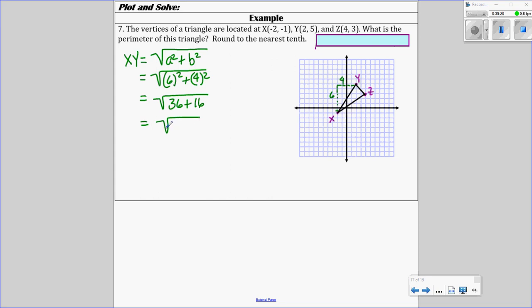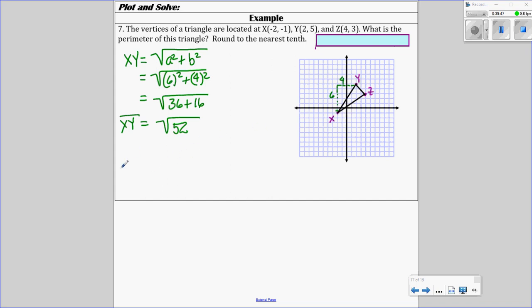Remember, bring down the radical sign. So this is 52. And I'm just going to leave it as 52, unless I can break this down, which I'm going to find out. See if I can make my life any easier. I look at it, I don't see anything, any purpose, so I'm going to leave it at square root of 52.